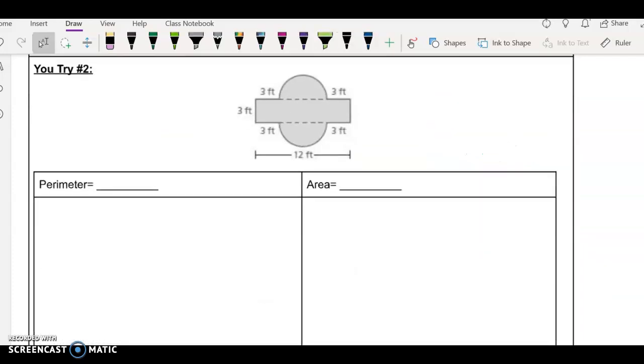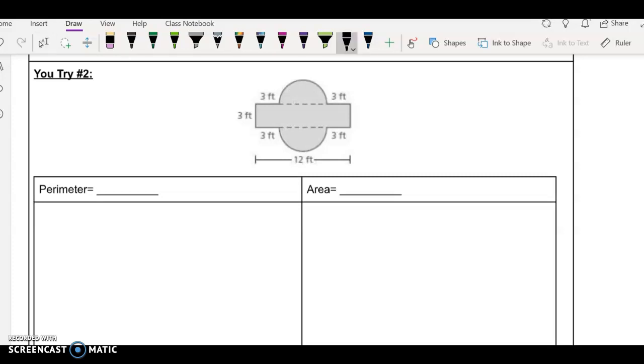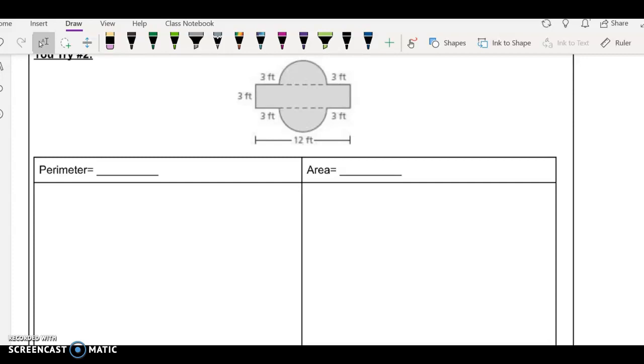For try number 2, we can see we have a rectangle and 2 semicircles. So I'm going to find my perimeter. So this one's a little bit trickier. So first I'm going to find my circumference of my semicircle. So my diameter is going to be a little bit harder to find because this whole distance here is 12.